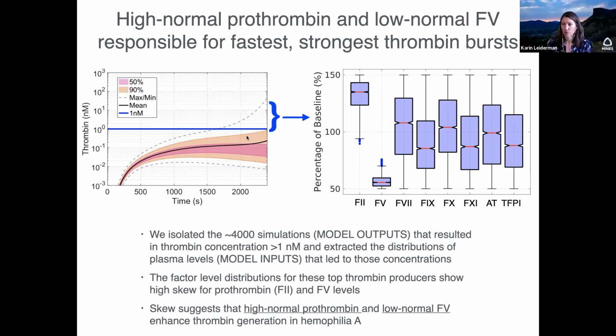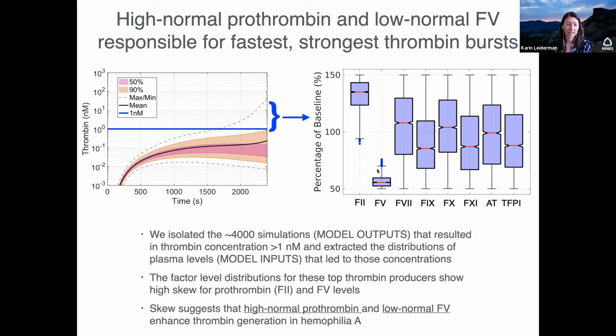And you don't really need to know too much other than you can see that 2 are not like the other, right? 2 of these are showing very high skew in these distributions. If everything was on average doing the same thing, we would see all these blue boxes lined up across the middle, and we don't see that, right? We see that there are 2 of them that are doing something a little bit different.